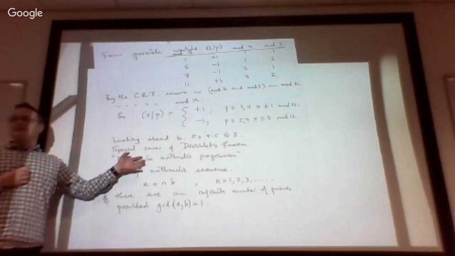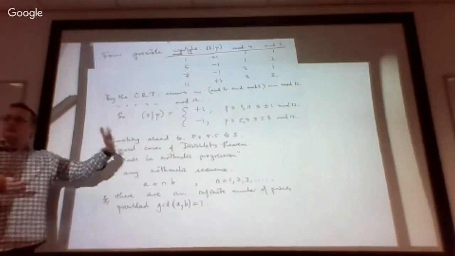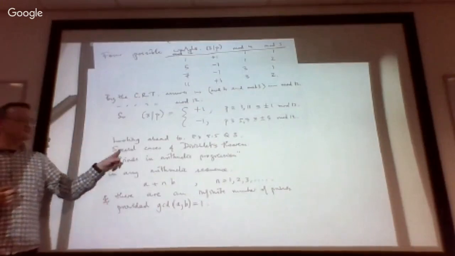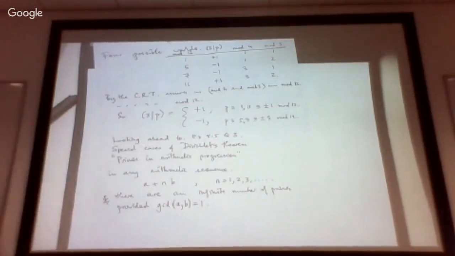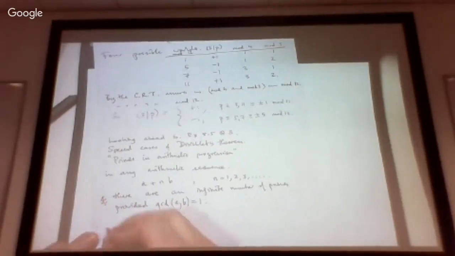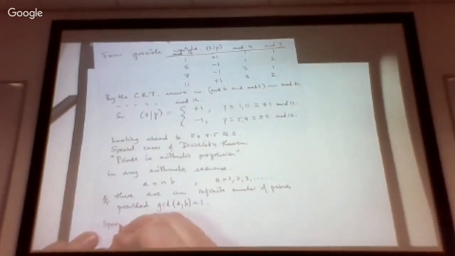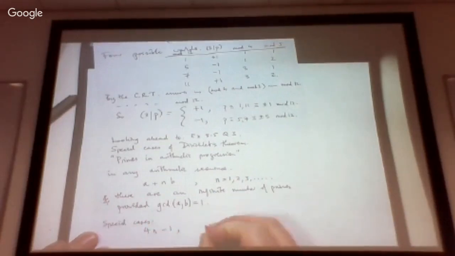Now, we can't prove this theorem in this course because it relies on some advanced tools, but what we can do is settle some special cases of it. In exercise 5, we deal with some special cases that are susceptible to our tools: 4n minus 1, 8n plus 3, and 6n plus 1.